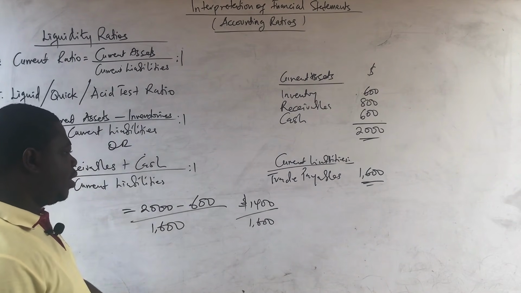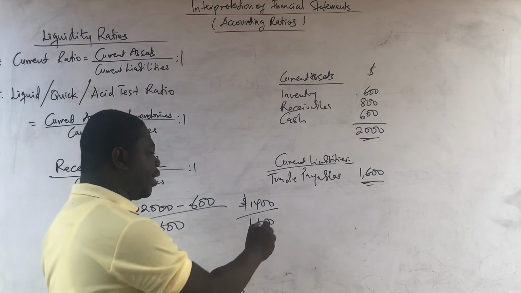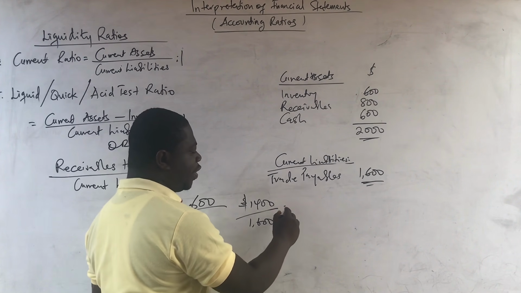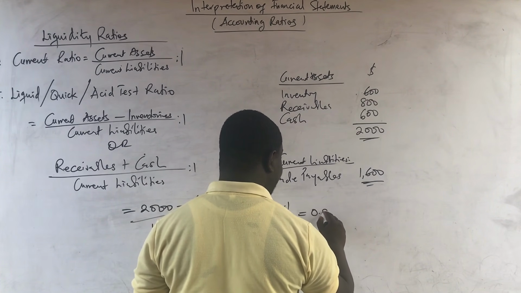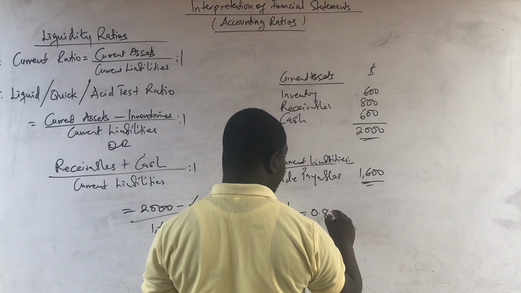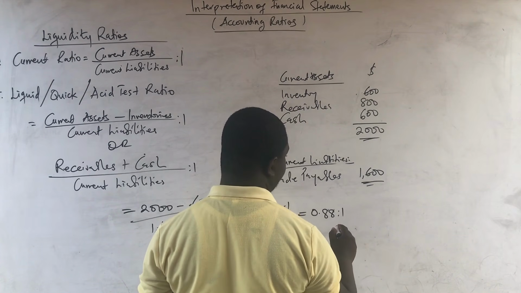So you see that now the current asset is becoming smaller because we have taken out inventory. And the final answer is going to be 0.875 or 0.88 is to 1.